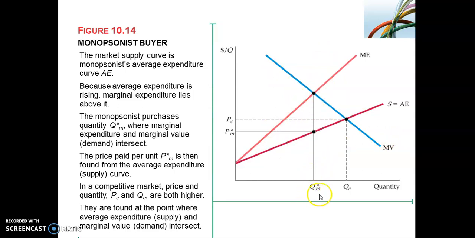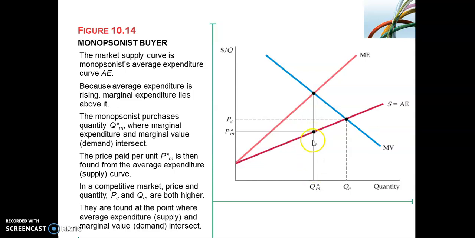So this is the quantity QM star. The M obviously refers to monopsonist. This is the quantity that the monopsonist will buy. But what is the price that the monopsonist pays? If you trace this up to the supply curve, remember the supply curve tells you how much producers are willing to sell at what price.